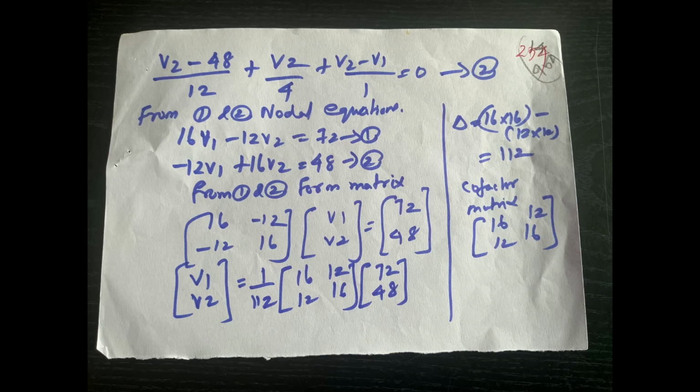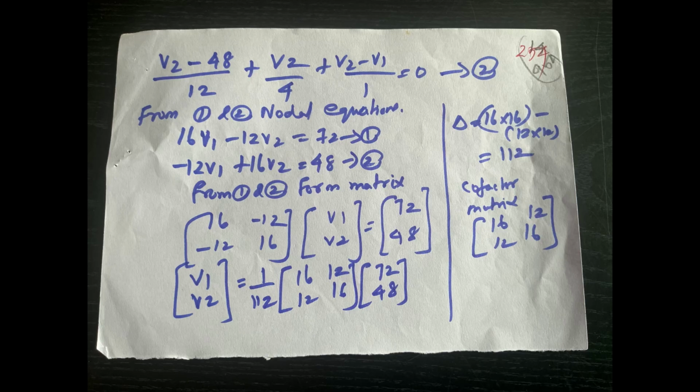The second equation is formed as follows. The second node meets the 48 volt, the 12 ohm resistance, the 4 ohm resistance and the 1 ohm resistance. The 1 ohm resistance depends on the voltages V2 and V1 in the opposite direction, so (V2 minus V1) divided by 1. The 4 ohm resistance depends on the voltage V2, so V2 divided by 4.